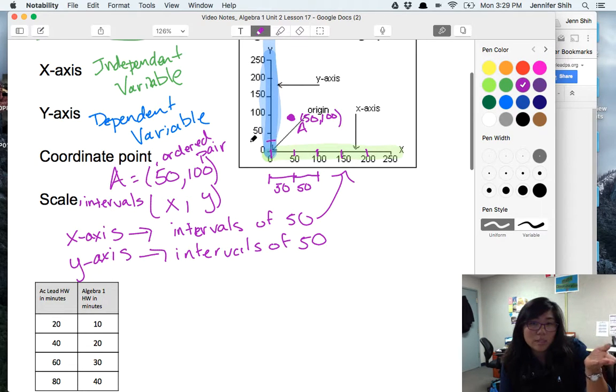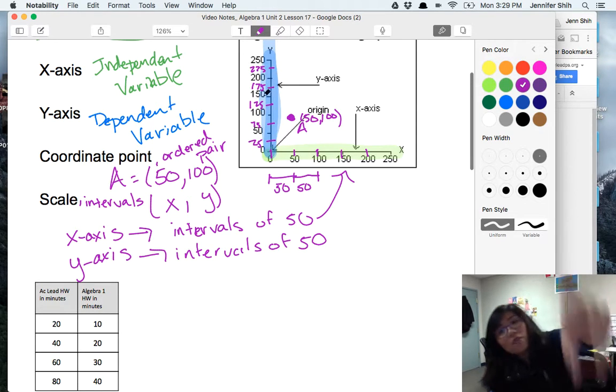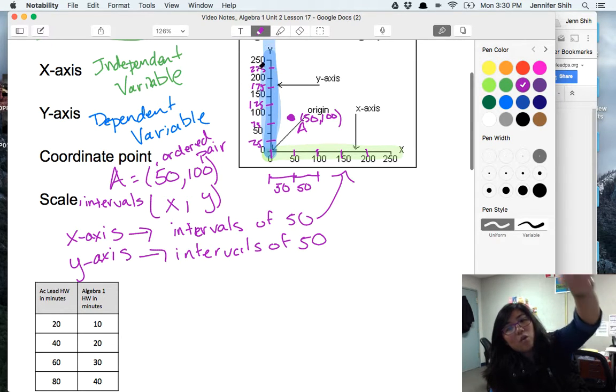Sometimes maybe I'll make a scale like 25 here, and that's okay, because on the y-axis they all have the same distance between each tick mark. It doesn't have to be the same on both axes. If the y-axis is going up by 25, it doesn't mean the x-axis has to go up by 25, but every interval on each axis has to be the same distance apart.